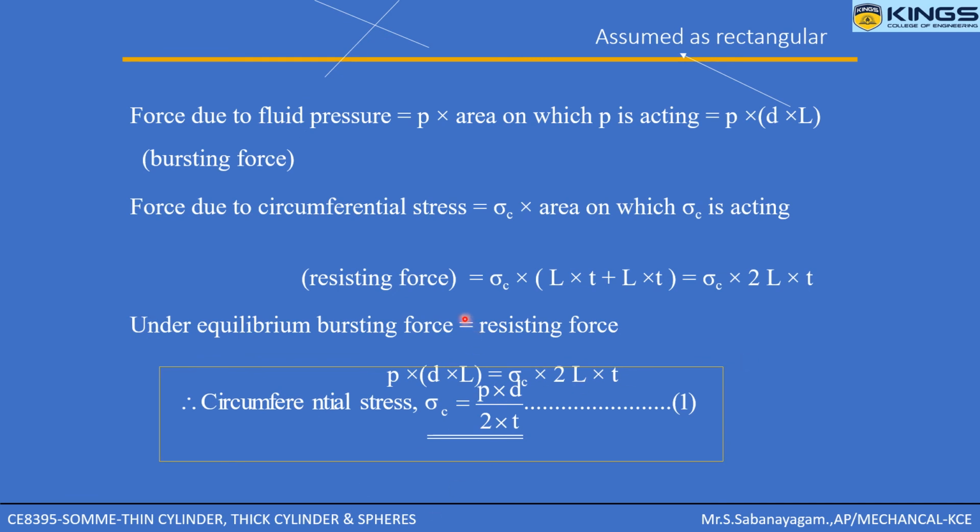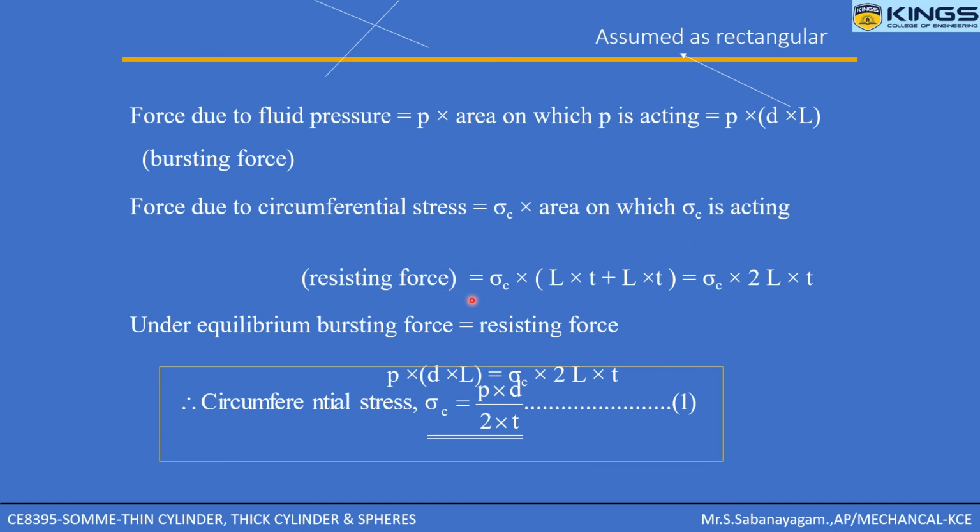In the previous evaluation, we had assumed that the cross section is cylindrical. For a rectangular portion, the area will be D into L, as we know a rectangle is length into breadth, but in the case of the hollow cylinder, that will be assumed as D into length, with breadth being length L. So the force due to circumferential stress is sigma c into the area on which sigma c is acting.